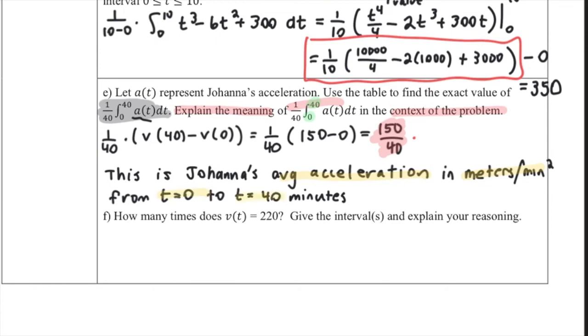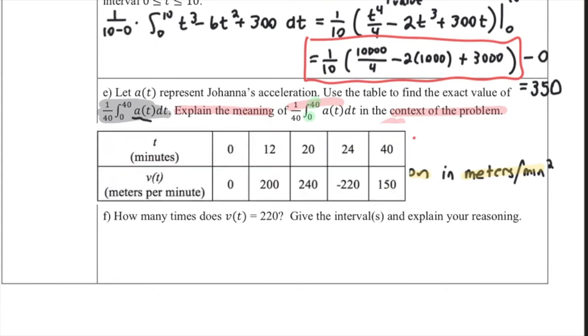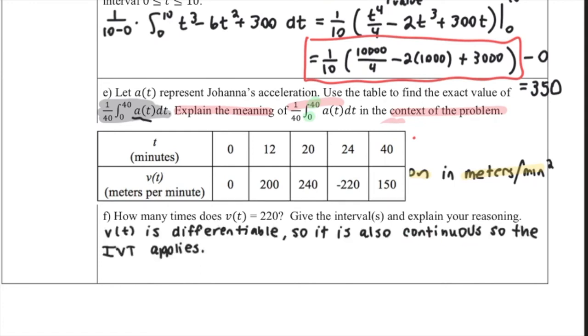The last question wants to know how many times does that velocity equal 220? I'm told this is a differentiable function which implies continuity. That's an important point for me to establish because I'm going to use the IVT, the intermediate value theorem, in this problem. Looking for where the velocity equals 220. So I move from 0 to 200. There is no guarantee that I'm going to hit the 220 in there.